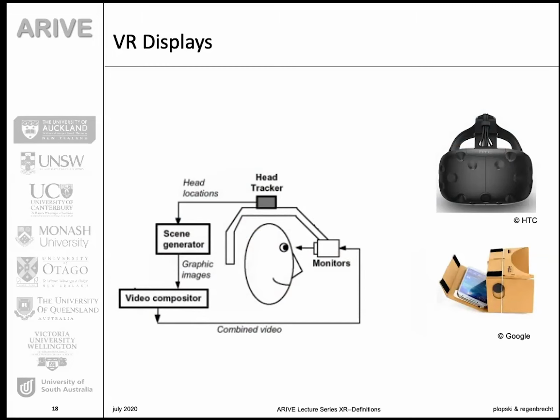They have some trackers to determine the user's position and orientation, and render the graphics according to this information from the tracker. We have different devices, of course. We have standalone systems, or we have also much cheaper devices where you literally put your phone into a cardboard and give it to the user.